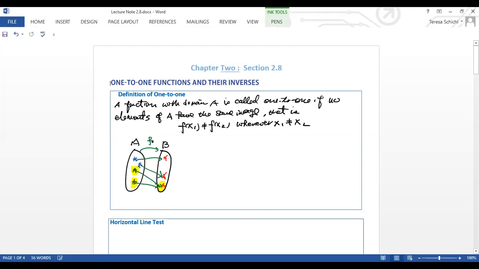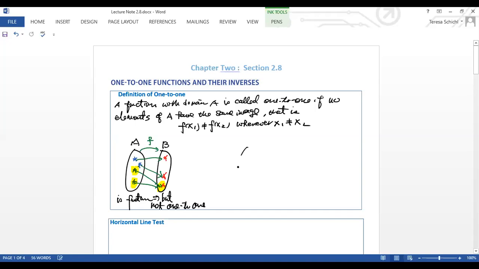The only thing that violates a function is if one value in A goes to two values in B. So this is still a function, but because both of these values go to the same value, it is not a one-to-one.